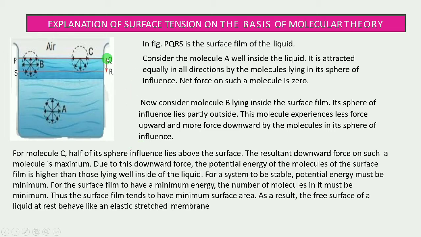Now molecule C is at the free surface of the liquid, so half of its sphere of influence lies in air and half lies in water. Again the adhesive force will be negligible because air molecules in this part of the sphere of influence will be very few, so the force of attraction between air molecules and water molecules is very small, and we can neglect it.